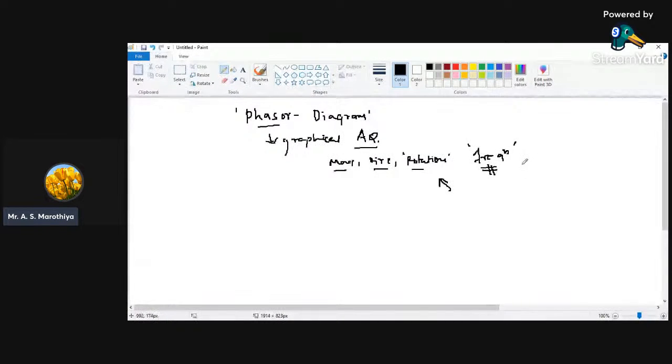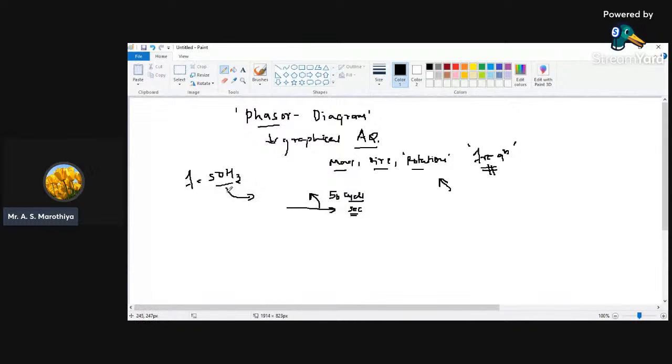In the same way, suppose we are trying to draw the phasor diagram for an alternating quantity as far as Indian scenarios are concerned. In the Indian scenario, we know that the frequency is 50 hertz. So if you try to draw the phasor for this alternating quantity, the corresponding phasor is going to rotate in the anti-clockwise direction at a speed of 50 cycles per second.